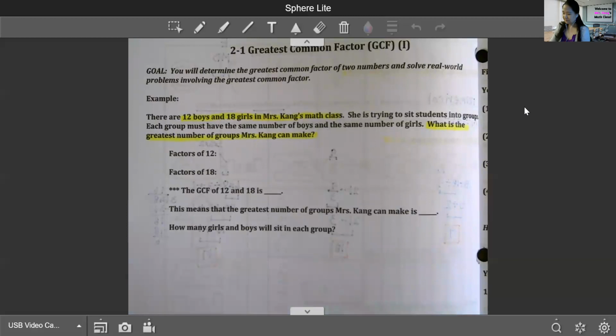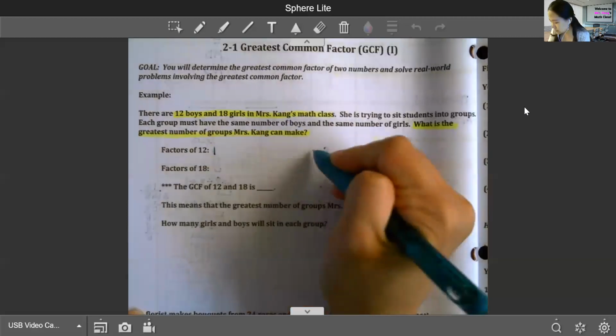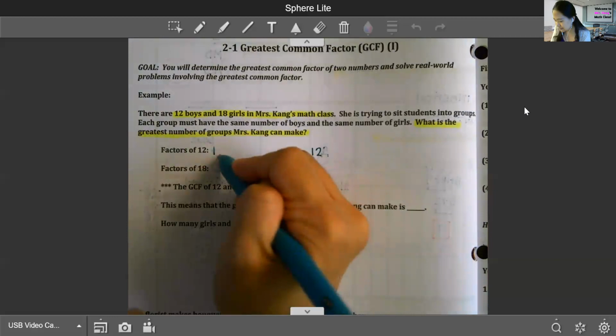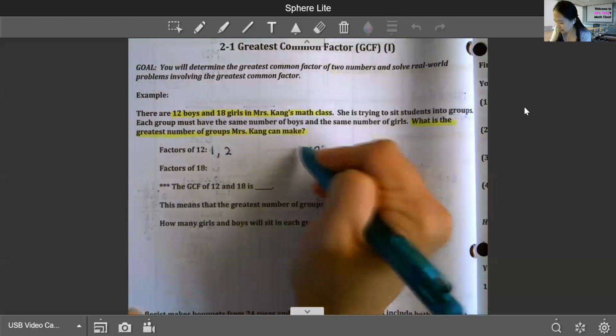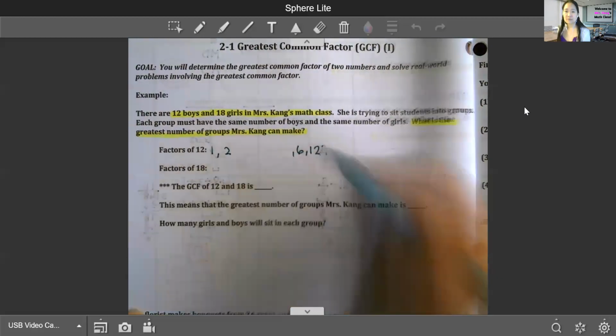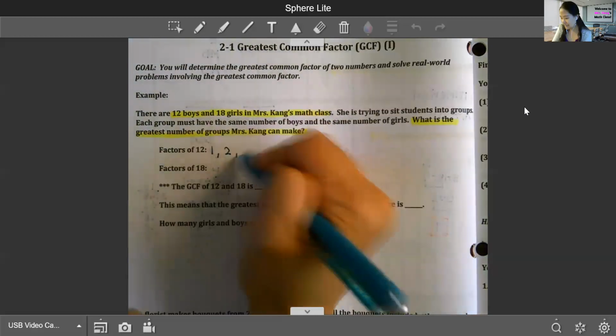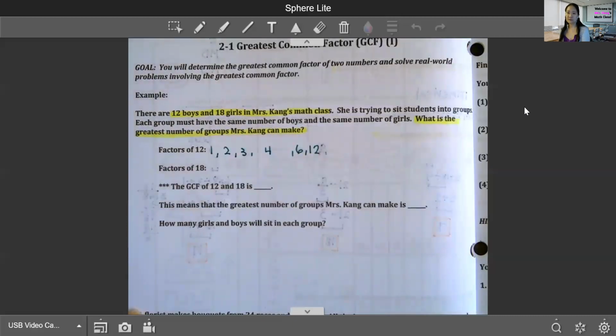Since 1 times 12 is 12, 1 and 12 are factors of 12. Next, 2 times 6 is 12, so 2 and 6 are also factors. How about 3? Yes, 3 and 4 are factors of 12. I'm finished with factors of 12.